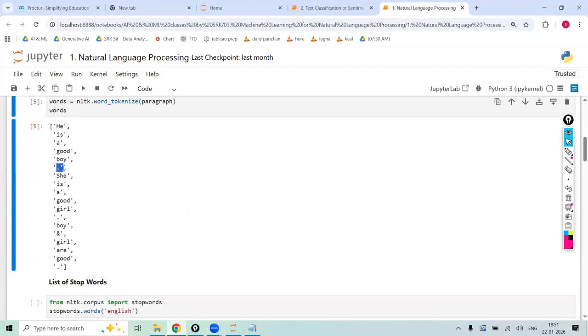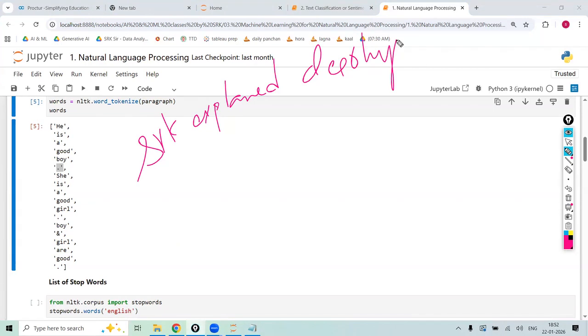For example, "SRK explained clearly." Positive sentence or negative sentence? We are going to say it is positive, right?